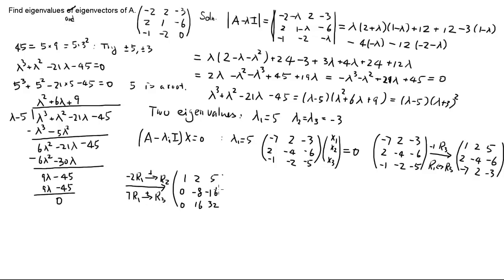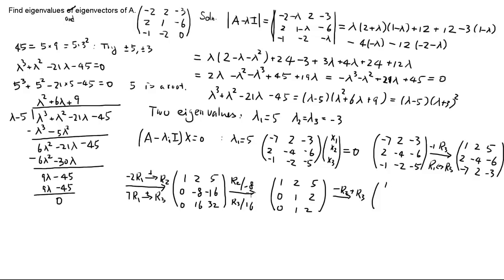And we see good things over here. So we divide R2 by negative 8 and then R3 by 16, and we get something really simple. We don't have any fractions, and this is what we have. And 0 and 1, 2. Of course, last step over here, we simply use negative R2 added to R3, and then this is what we have.